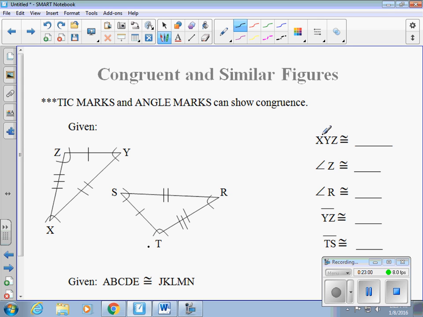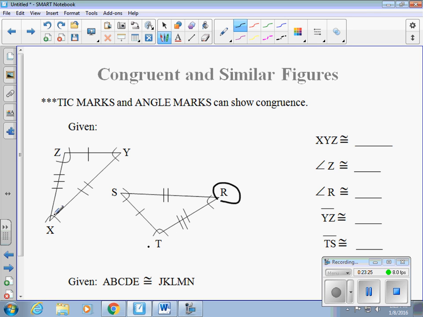So, let's look at X. X, over here, lies between the 2 tick mark line and a 3 tick mark line. So which one of these points lies between a 2 and a 3 tick mark line? R does. Do you agree? Because 2 and 3, right?